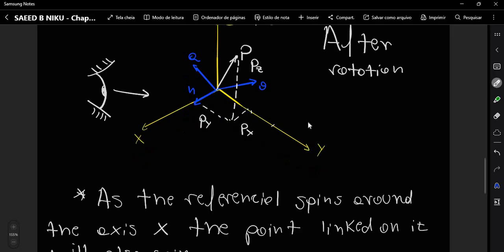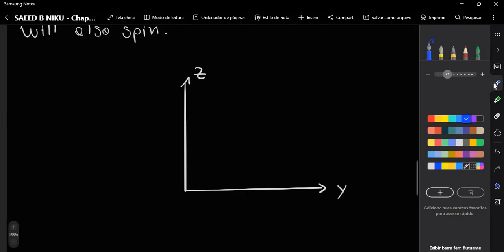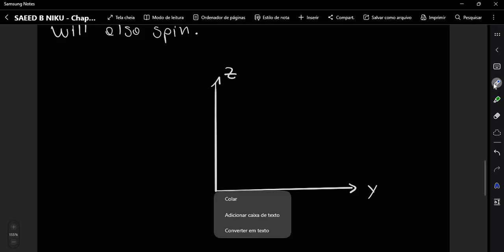So let's draw the axes YZ. Z, Y, and the vectors after the rotation movement.